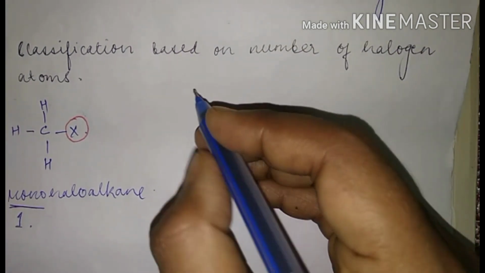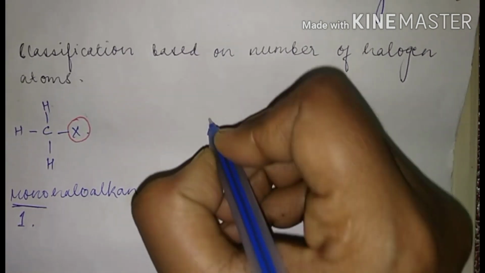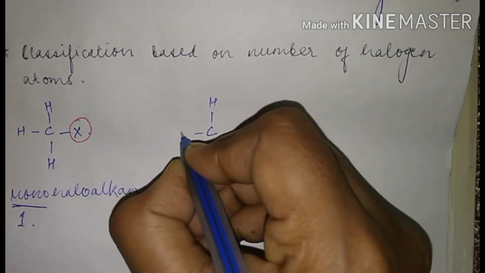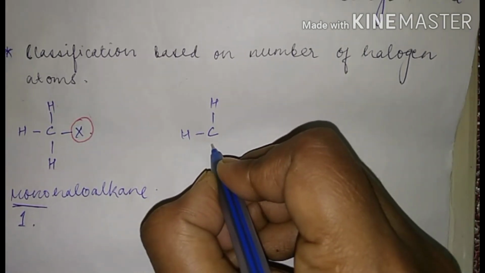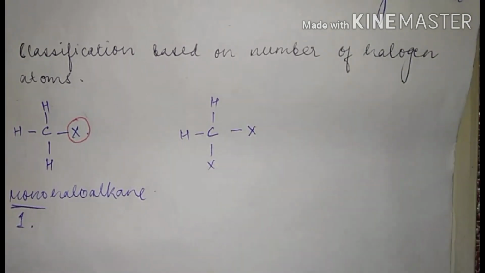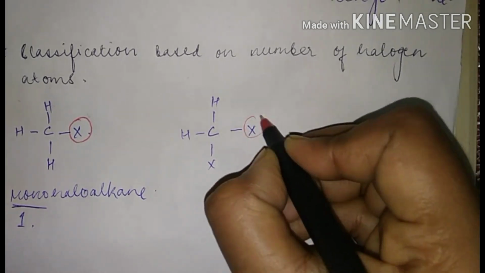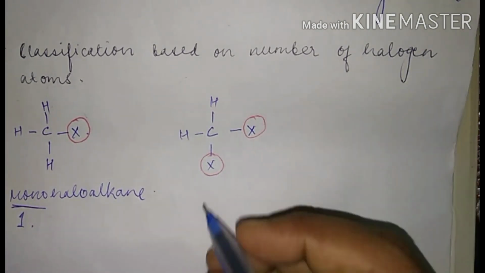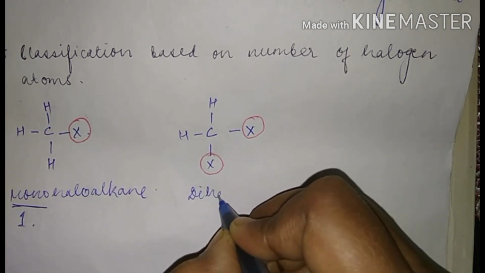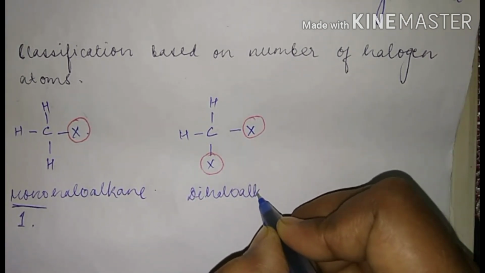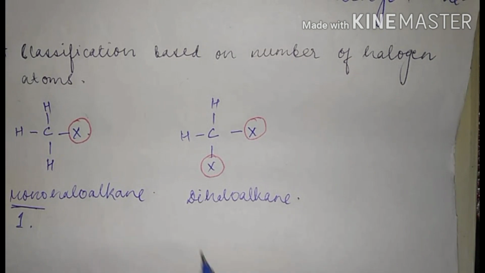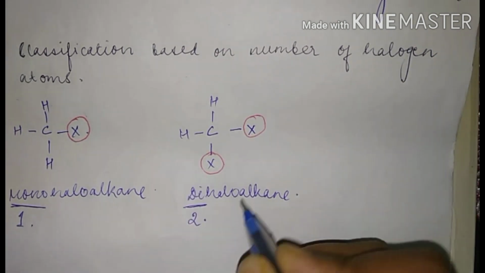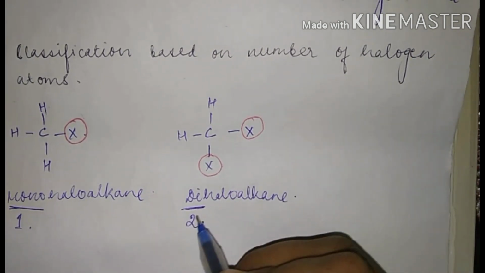Taking an example of a second molecule, we have CH, H, X, X. Here we see that two halogen groups are present. So, such a molecule is called dihaloalkane. We know di means two.